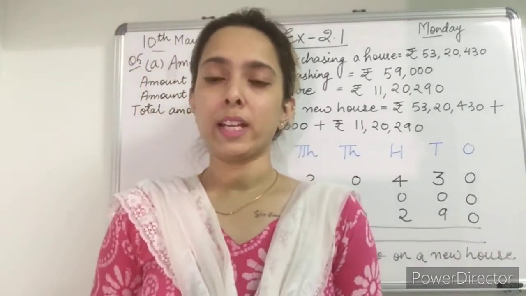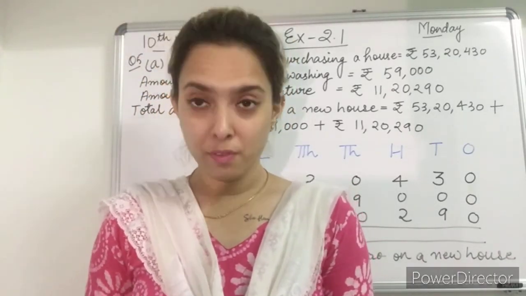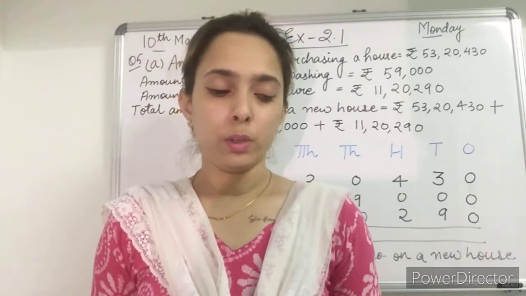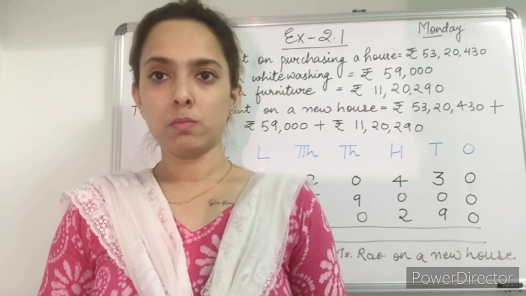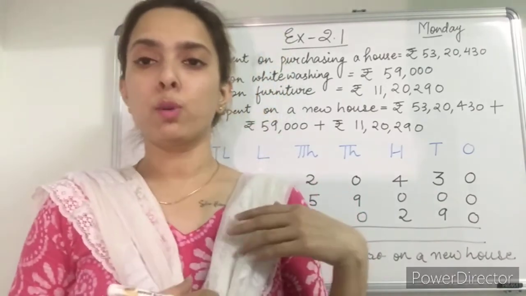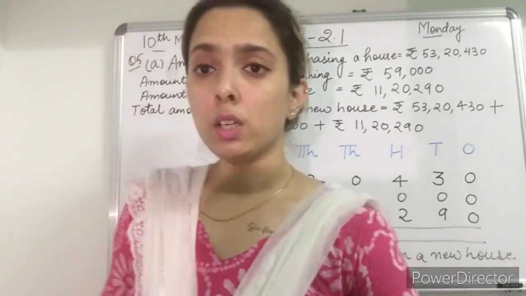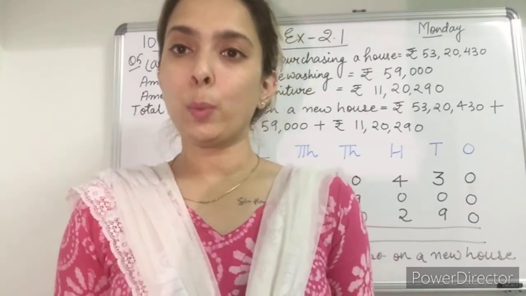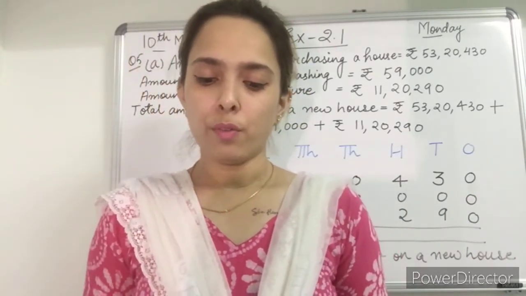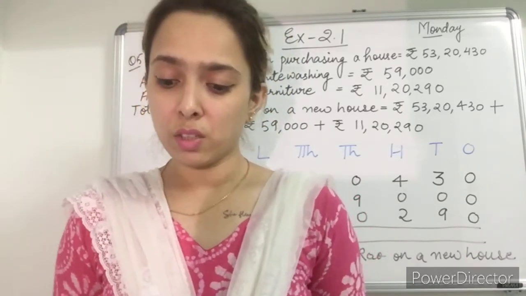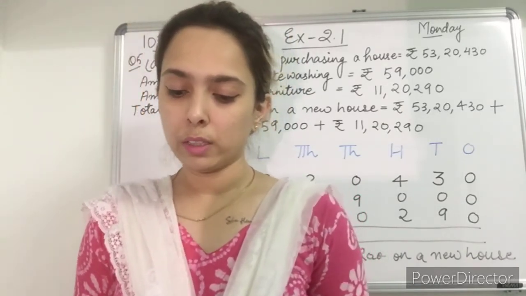So here our next question comes, which is question number 5, students. Question number 5 has word problems in it, and we will learn how to solve word problems now. The first question is, Miss Rao purchased a house for rupees 53,20,430.